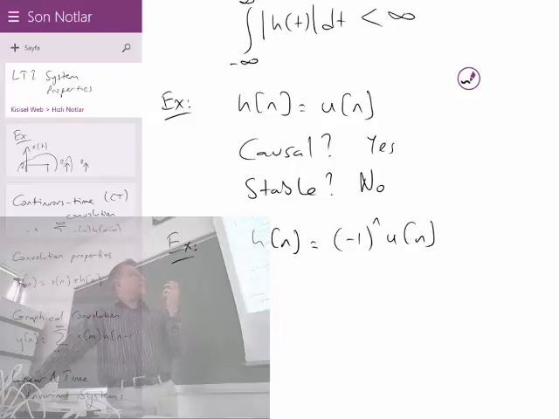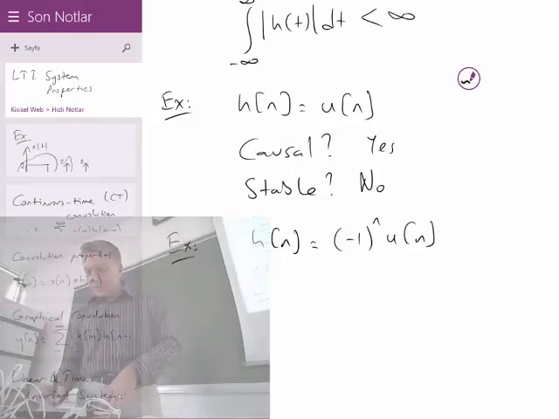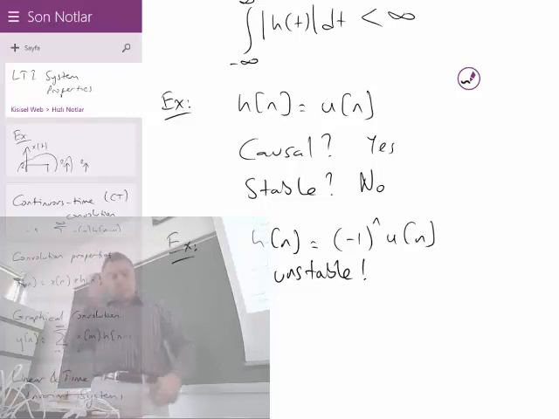If you take the absolute value, all minus cases will become plus, and the stability of this new signal is the same as the stability of u of n only. Minus 1 absolute value will be 1. It's like all ones you are summing up to infinity. So this is also unstable.